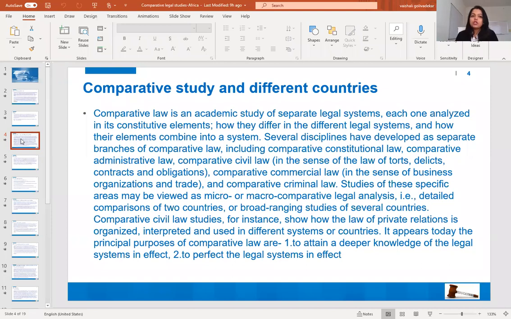Comparative law is an academic study of separate legal systems, each one analyzed in its constitutive elements, how they differ in different legal systems and how their elements combine into one system.